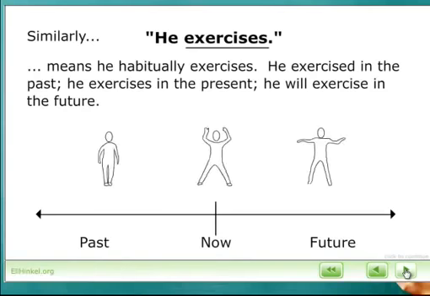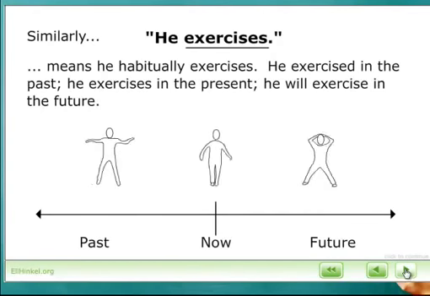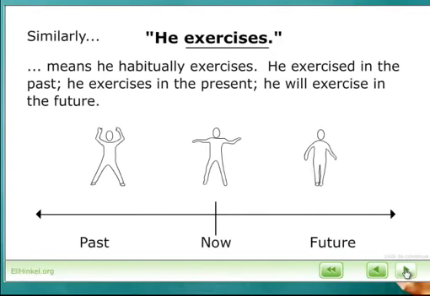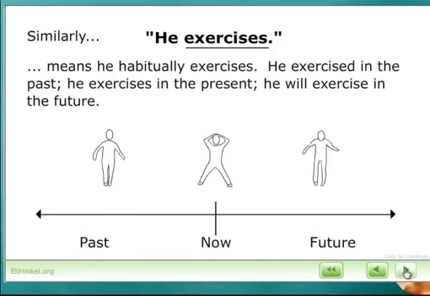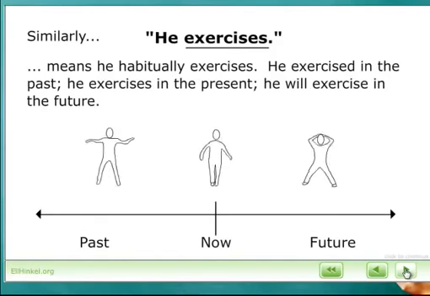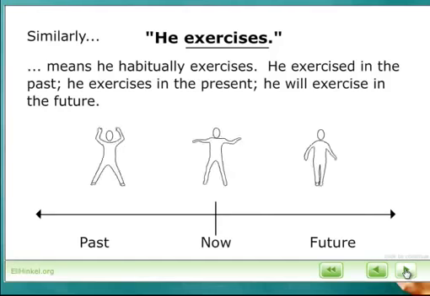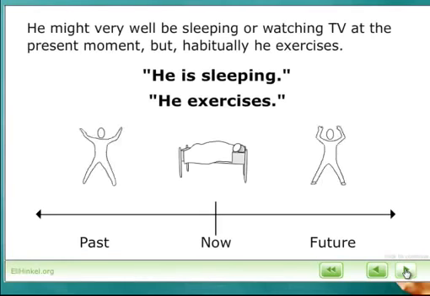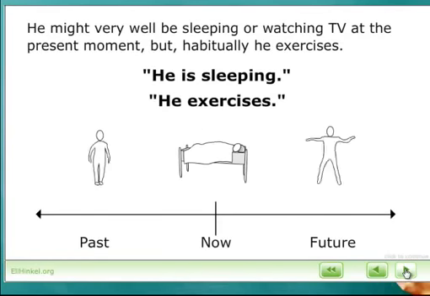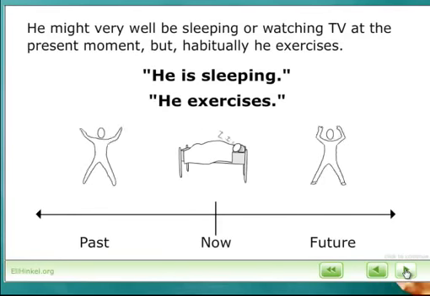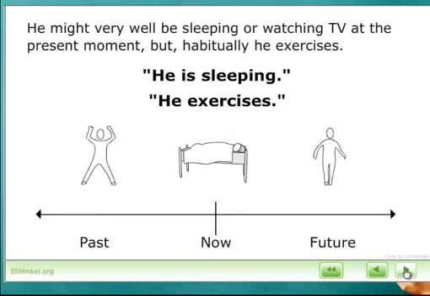That means that he exercises a lot. Wow, he sure looks muscular. Oh, that's because he exercises. He exercised in the past, in the present, and will exercise in the future. But that does not mean that he's exercising now. Maybe he's watching TV. Maybe he's sleeping.